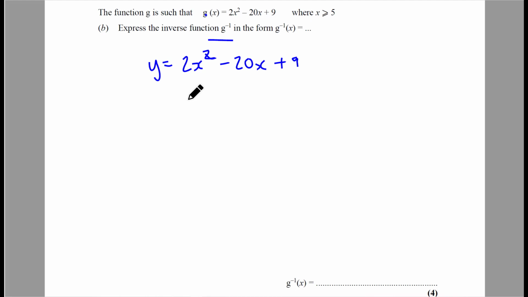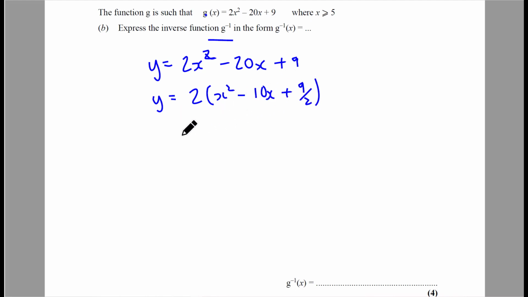Now, how would I do this? Ooh, I think you need to complete the square with this. So what we're going to do is take the 2 out, then we're going to get x squared minus 10x plus 9 over 2, or 4.5.